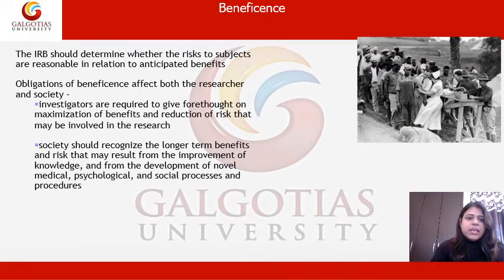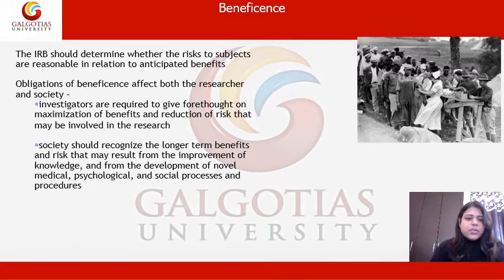Beneficence. The IRB should determine whether the risks to the subject are reasonable in relation to the anticipated benefits. The obligation of beneficence affects both the researcher and society. Investigators are requested to give forethought to the maximization of benefits and reduction of risk that may be involved in the research.